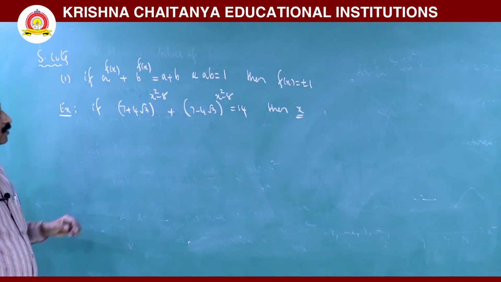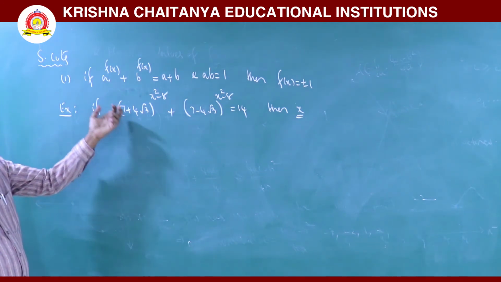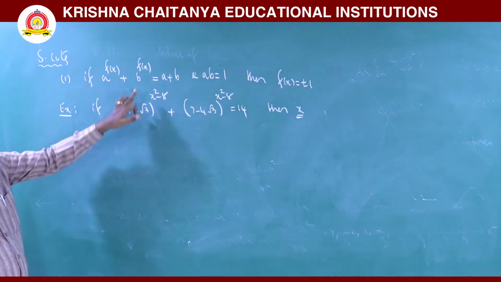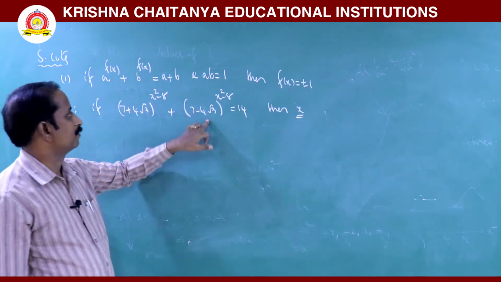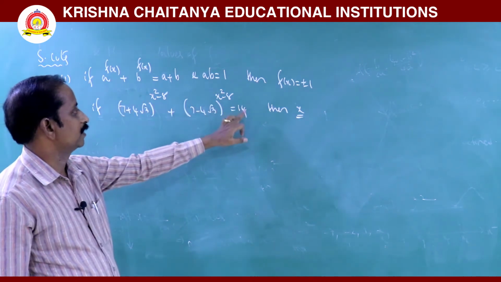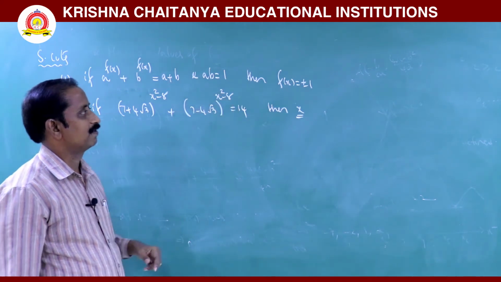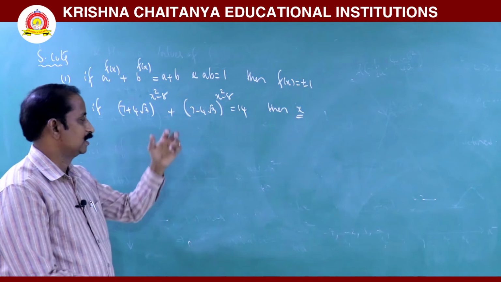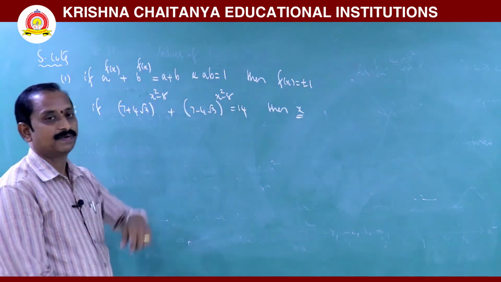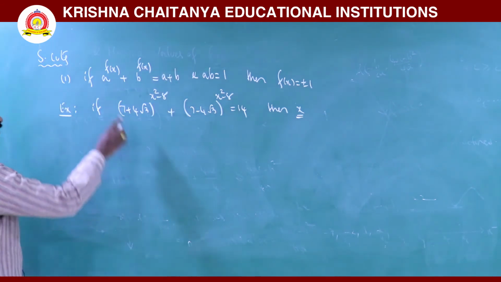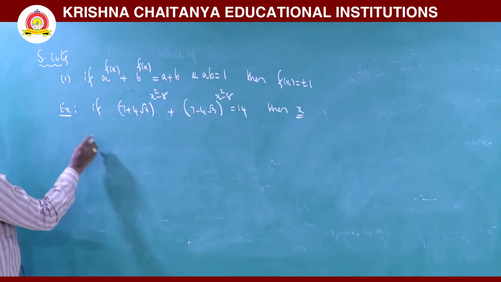Now let us observe, this is indirectly in the form a power f of x plus b power f of x is equal to a plus b and ab is equal to 1, then use f of x equal to plus or minus 1. Is it satisfied this property or not? Let us consider the value of a.